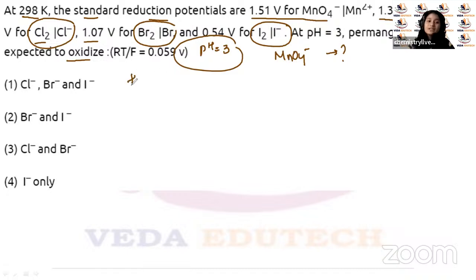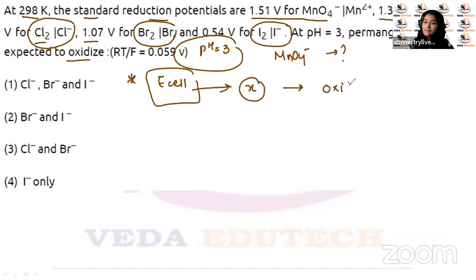The concept here is you have to find out the E cell. Whatever is going to be your E cell value, suppose you get X, it can oxidize only those which have lesser E naught values.